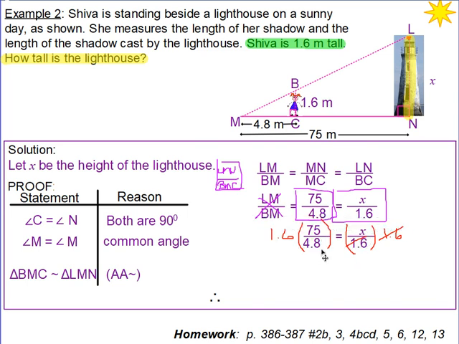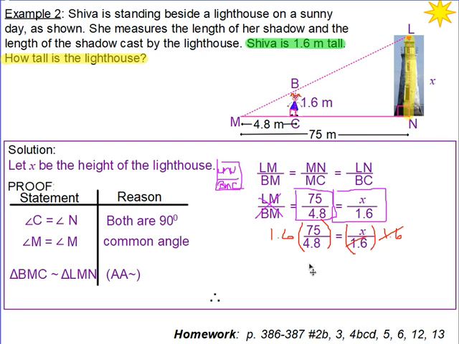And this left side, quite honestly, just put it right into your calculator the way you see it right here. You can do it in one shot. But if your calculator is maybe not the one that holds the display, what you could do is 75 divided by 4.8, press equals, and leave that number there. Then just hit multiplied by 1.6, press equals, and that should give you the exact answer.